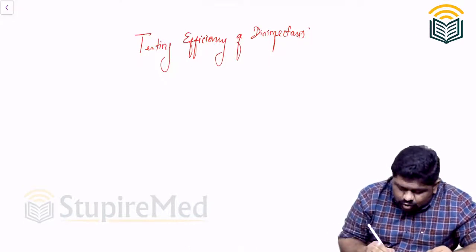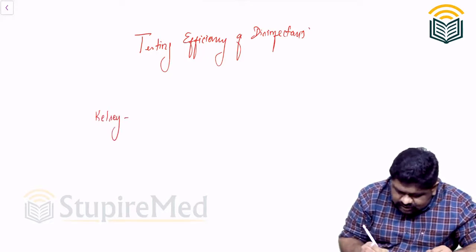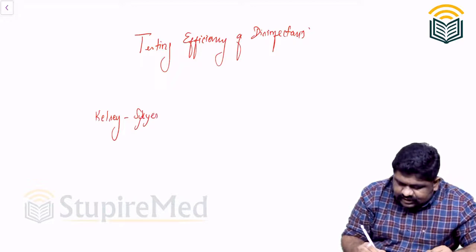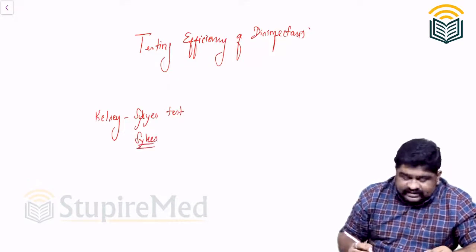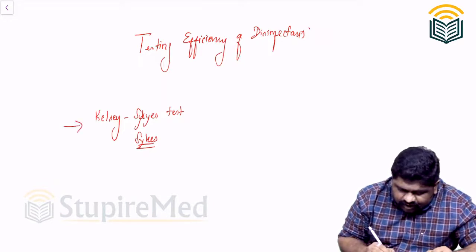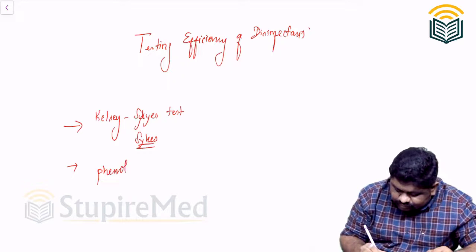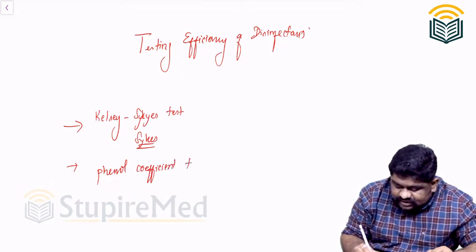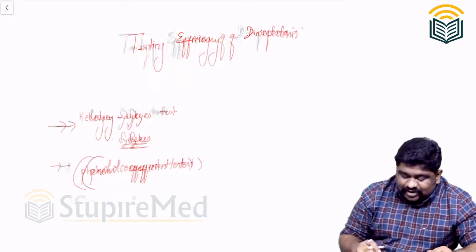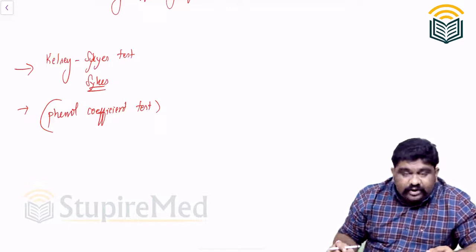The ones that are very old and not used nowadays would be the Kelsey, Psychias test. Sorry for the spelling. Psychias test. Apart from that, you can use phenol coefficient testing. Phenol coefficient tests. Because phenol is a corrosive, it can corrode through and through. You are trying to use that as a standard for understanding your disinfection.